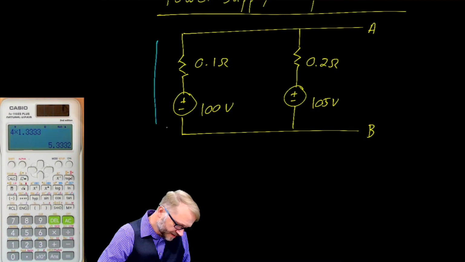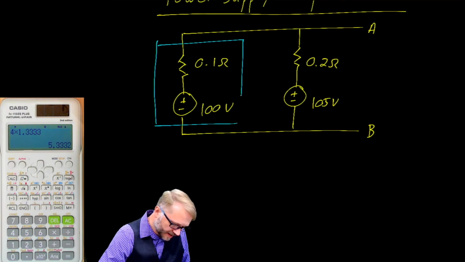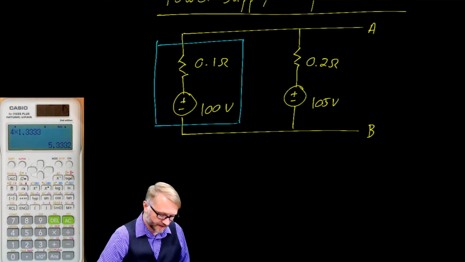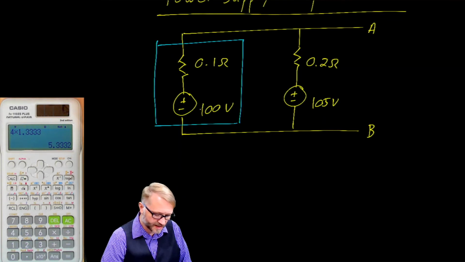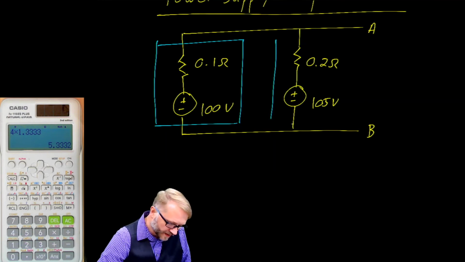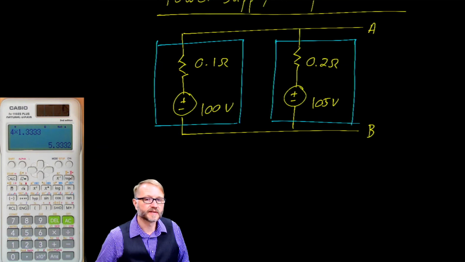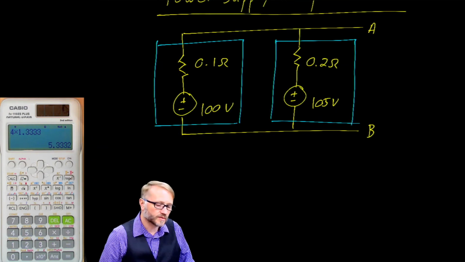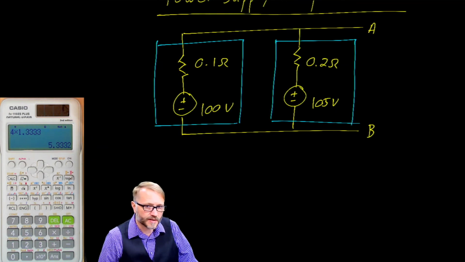You look at this circuit right here, and you say, that is a Thevenin. Would you agree with that? We have a power supply, an ideal 100 volt in series with a resistance. You could say this is a Thevenin circuit unto itself. We can do a Thevenin to Norton conversion.